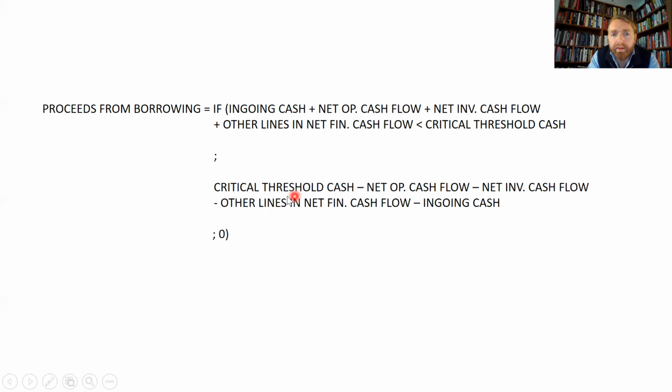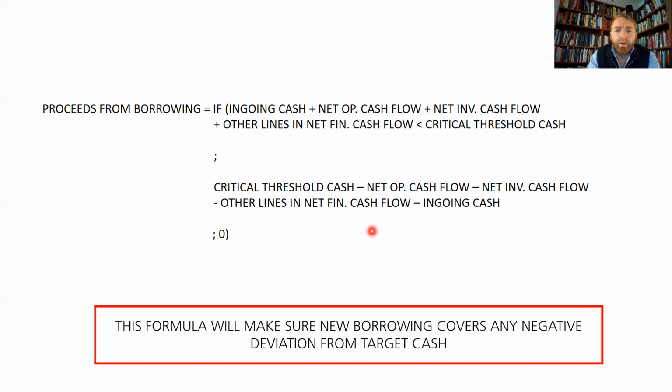It makes sure that it covers any difference up to the critical threshold level of cash. Otherwise zero, because there's no need to. You have the cash you need already, and more so. So the model is not going to be assuming borrowing in those outcomes. Essentially what this formula does is that for any negative deviation from target cash, there's borrowing to cover that. All right, so it's absorbing that. So that's what the formula does.